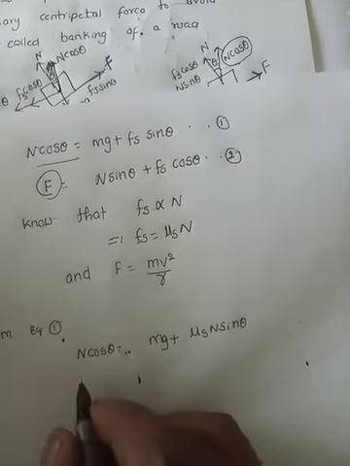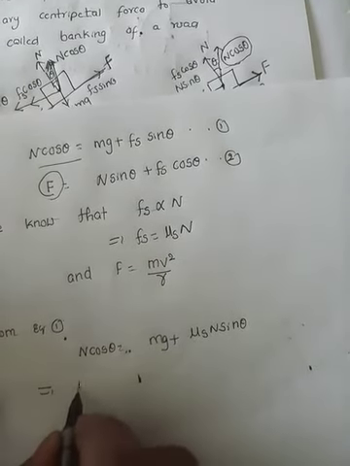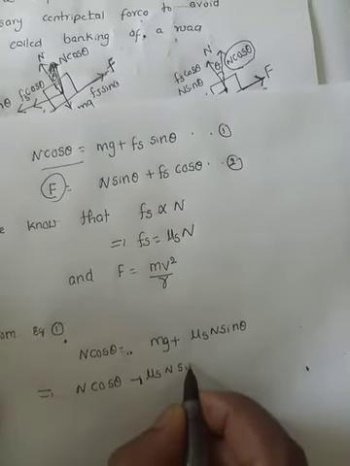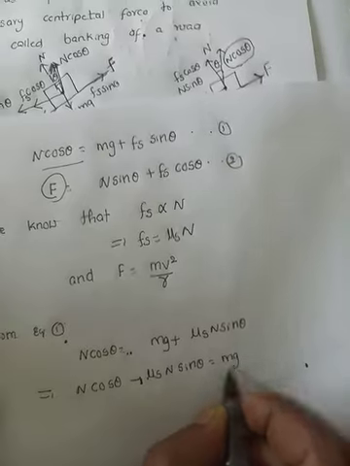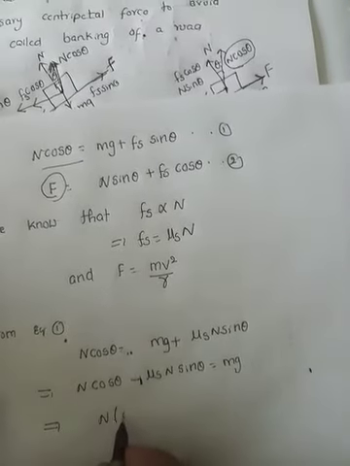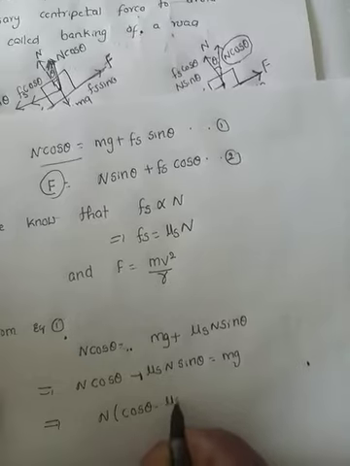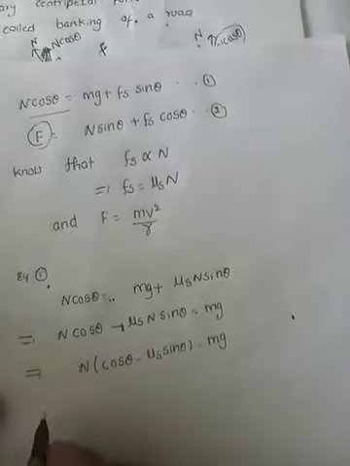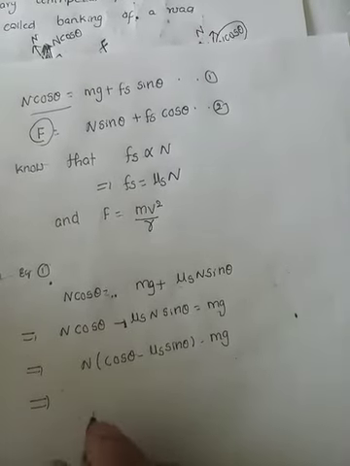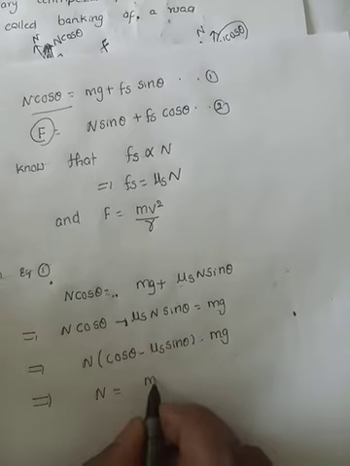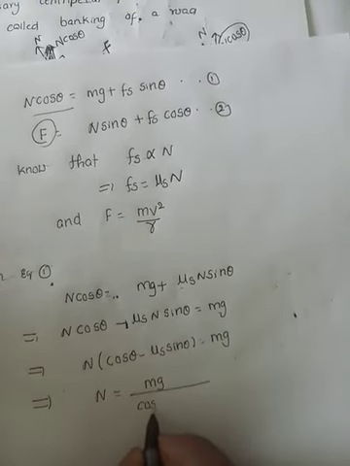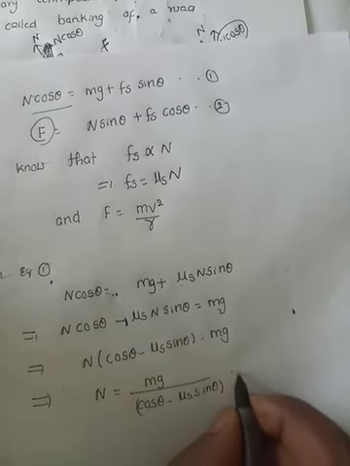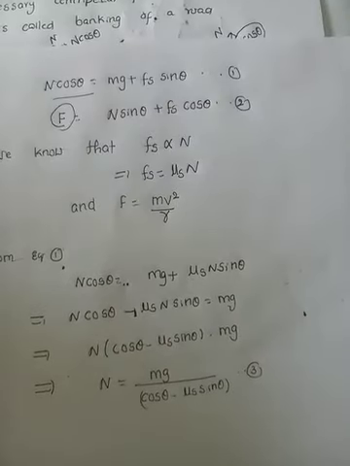Send mu s N sin theta to the other side: N cos theta minus mu s N sin theta equals mg. What is common? N. N into cos theta minus mu s sin theta equals mg. So from this we can easily find N. N equals mg by cos theta minus mu s sin theta. This is equation number 3. Now substitute equation number 3 in 2.